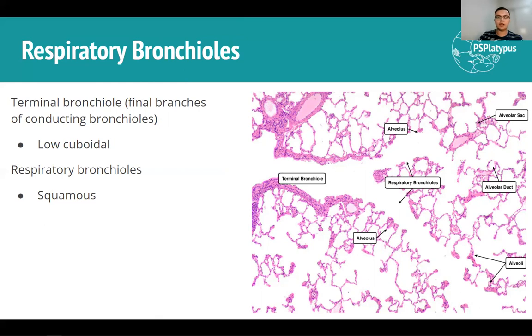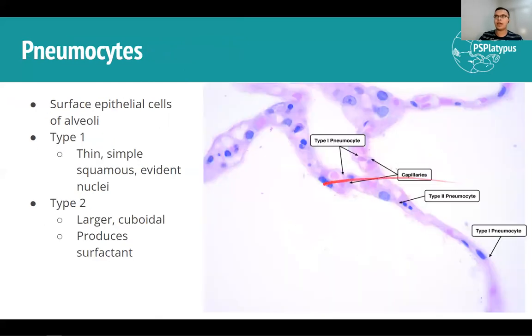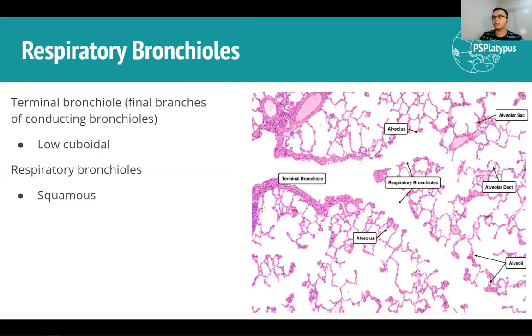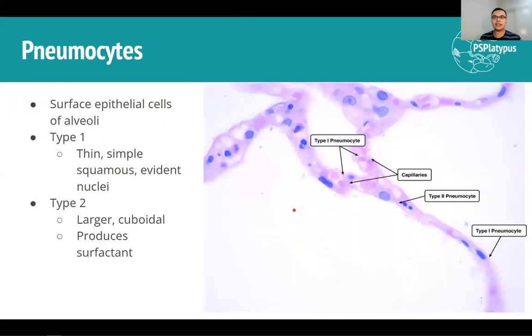All right, let's move past this and take a look at our pneumocytes. If we go back here, the pneumocytes are the actual surface epithelial cells within the alveoli. They form the cells that line the surfaces of the air sacs, the alveoli. And they come in two varieties, very simply named type 1 and type 2 pneumocytes.